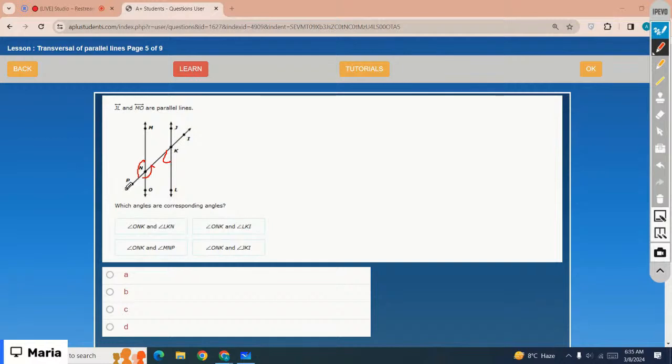They are the vertical angles. ONK and JKI. No. Option number A is the correct option.